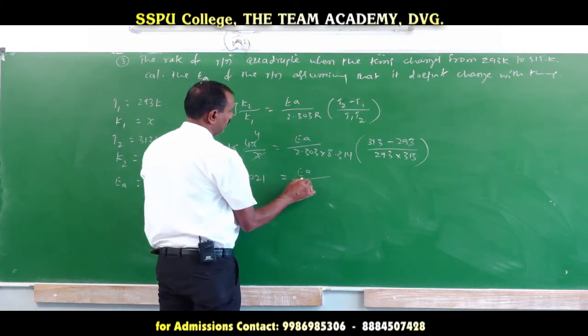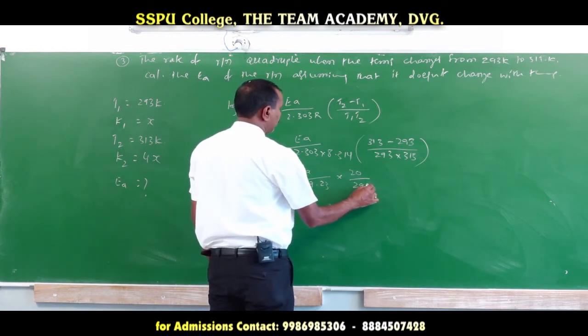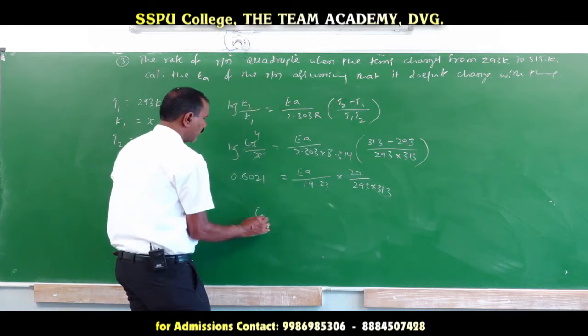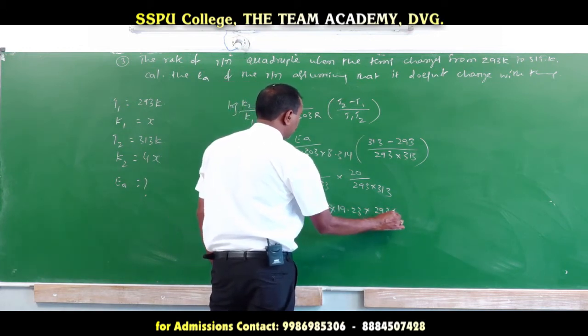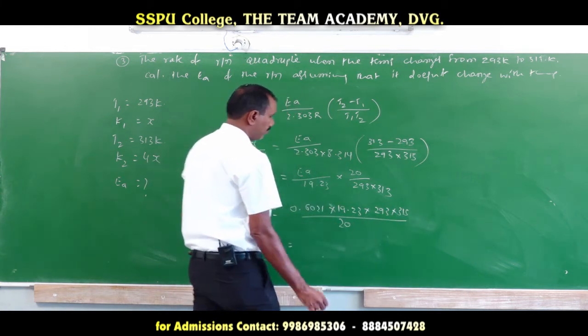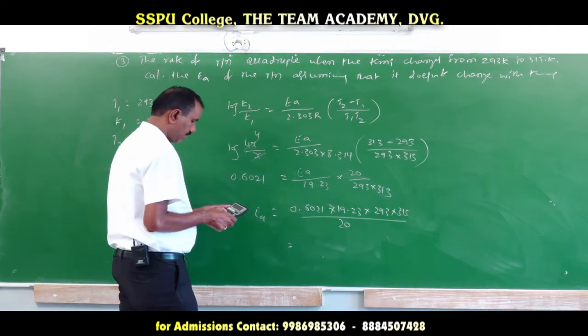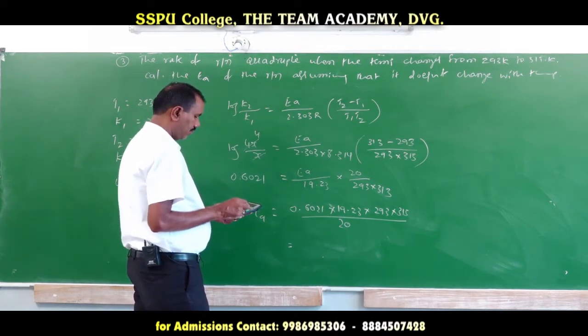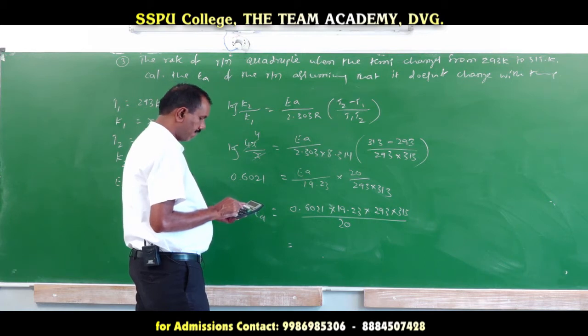Then EA by 19.23 into 20 by 293 into 313, where EA equals 0.6021 into 19.23 into 293 into 313 by 20. 0.6021 into 19.23 into 293 into 313 divided by 20.